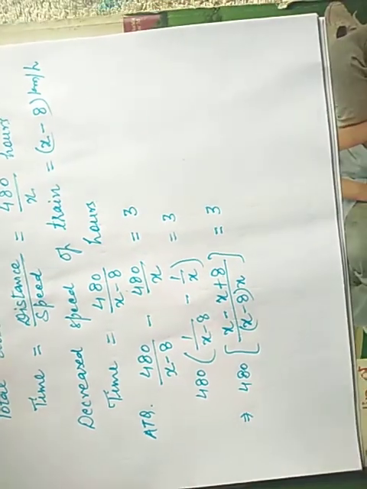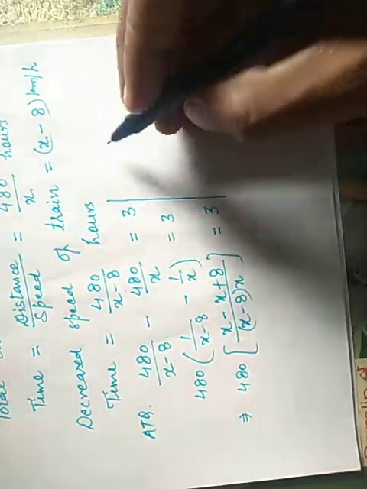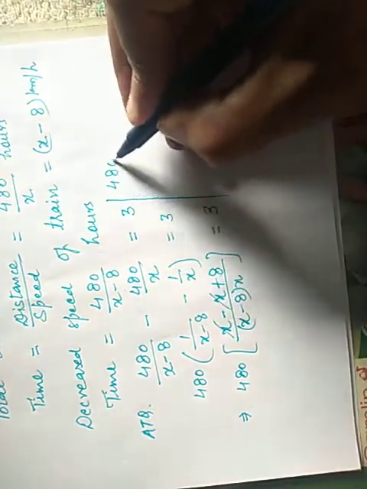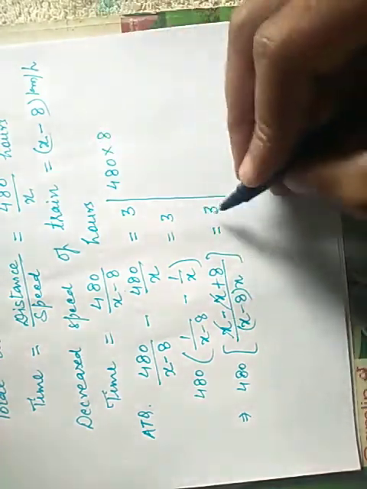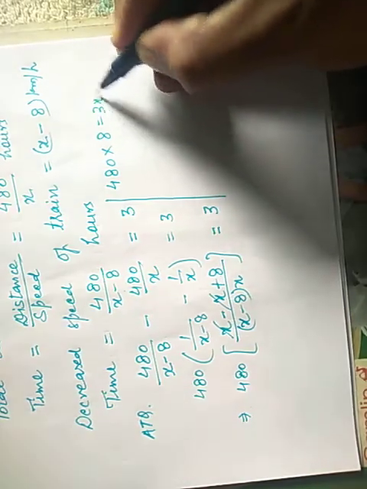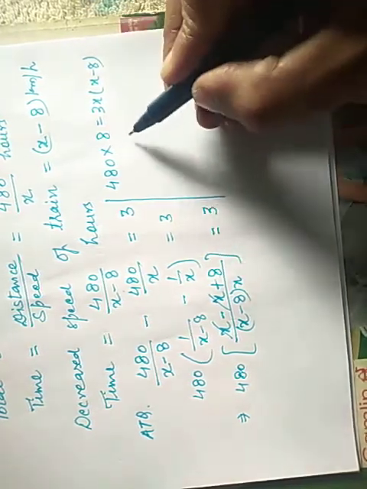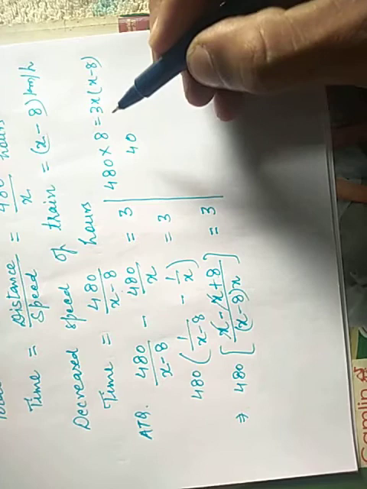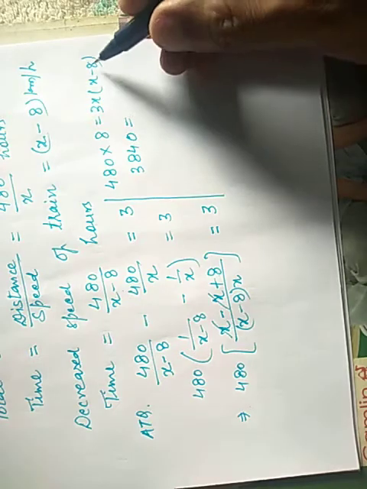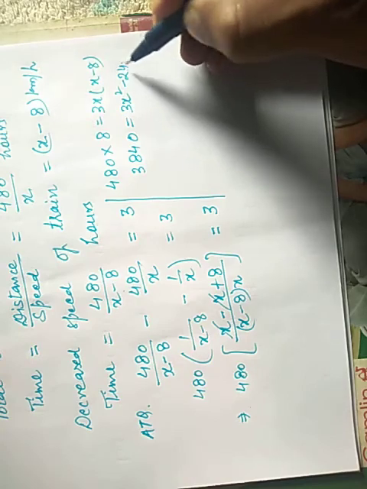Right. So now we can calculate the remaining part here. x and x cancel, 480 into 8 is equal to 3 multiplied by x into x minus 8. Okay, multiplying 480 by 8 we get 3840, is equal to, multiplying inside, 3x square minus 24x.